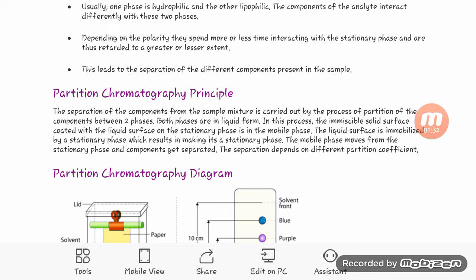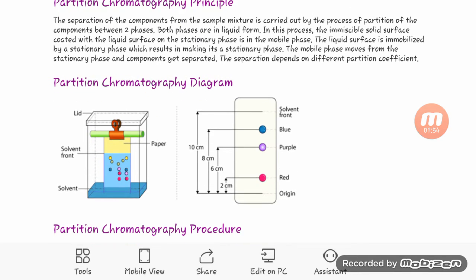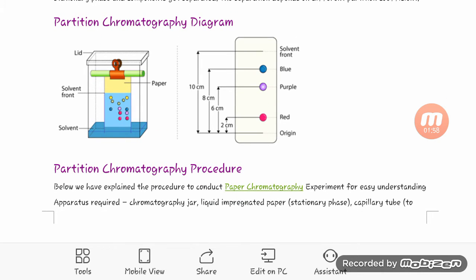In this process, an immiscible solid surface is coated with a liquid, which is the stationary phase, and the other liquid is the mobile phase. The mobile phase moves over the stationary phase and the components get separated. The separation depends on the different partition coefficients.